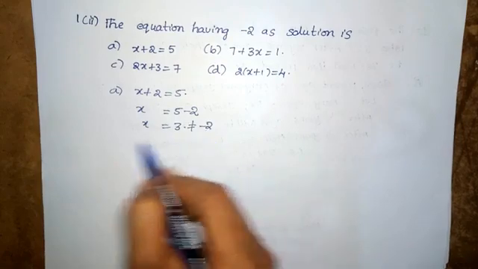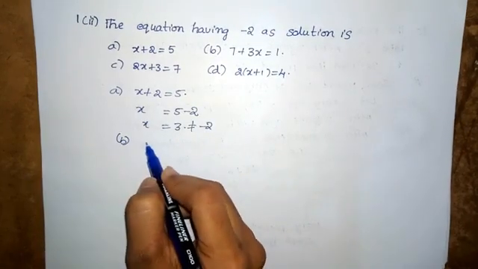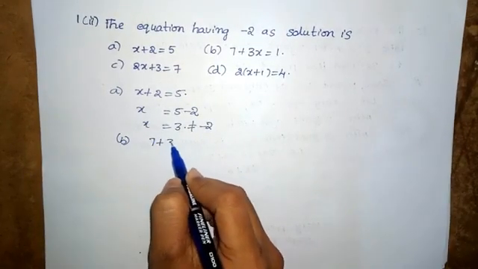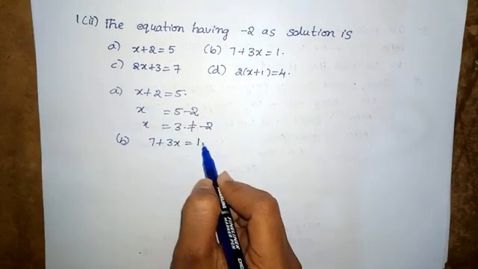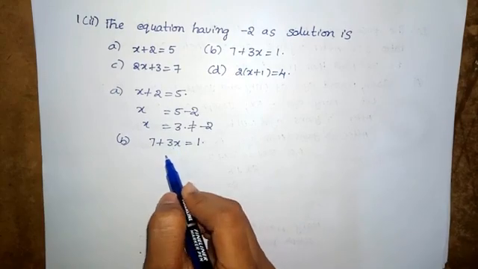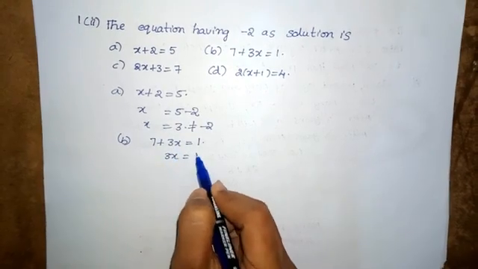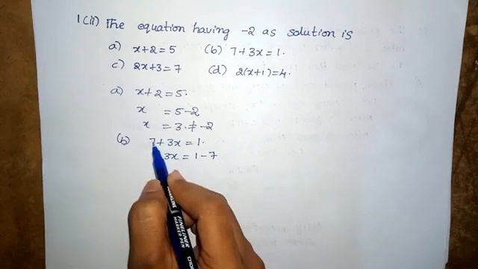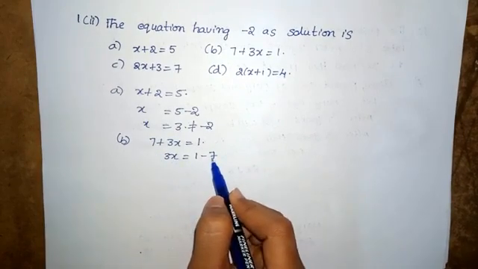Next check second option B. 7 + 3x = 1. In this simple equation find the x value. So 3x = 1 - 7, since +7 is moving to the right side as -7.